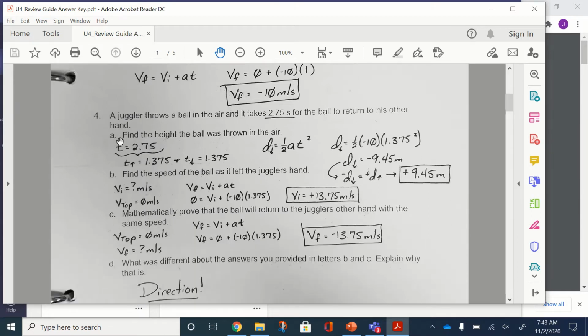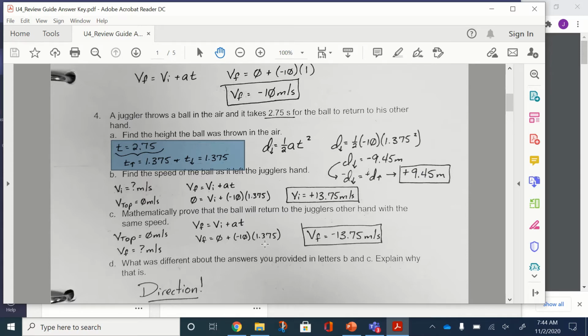Again, our juggler stuff, if they give you the total time in the air, I would encourage you to go ahead and split that apart. Kind of like if you're solving a puzzle, you automatically set the corner and side pieces apart. It's just a good, first step to try and organize stuff for you. If they give you the total time in the air, I would split it in half, right?